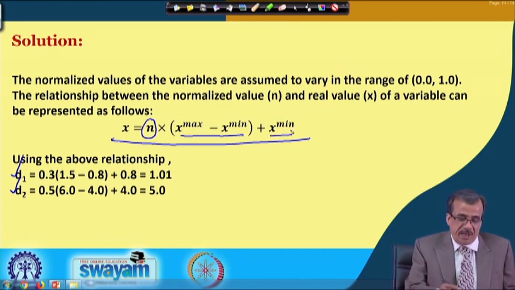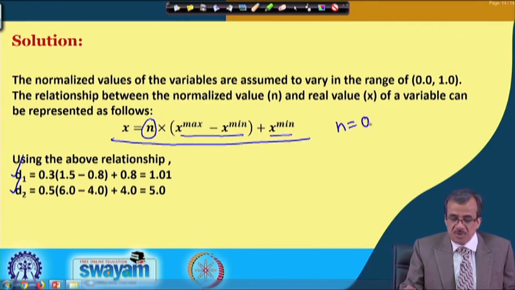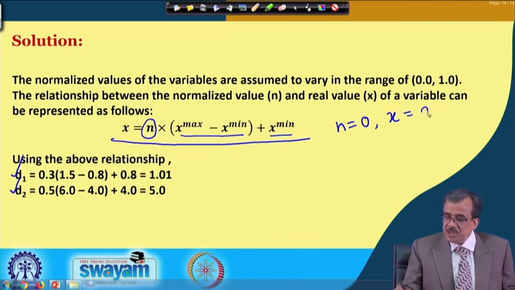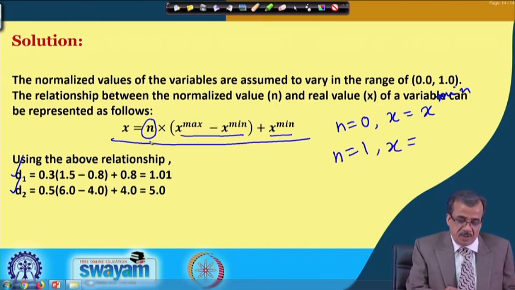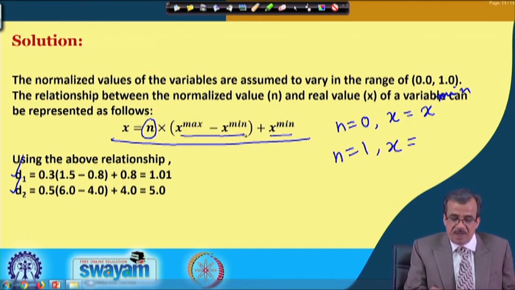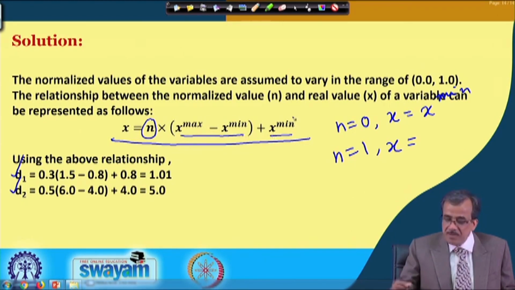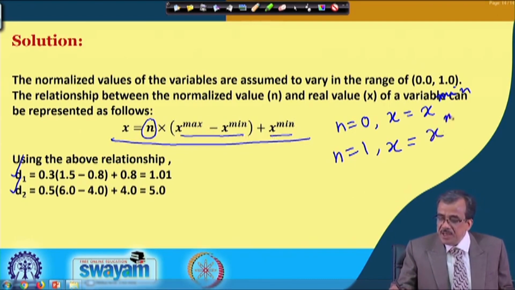Now, if I put n equals 0, x will become equal to x minimum. On the other hand, if I put n equals 1, then this is (x max minus x minimum) plus x minimum, so this will become x maximum.